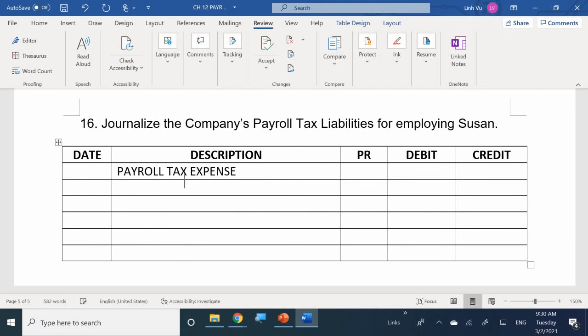So what am I going to owe first? Company FICA. What else? FUTA. What else? SUTA. And last but not least, workers' comp.